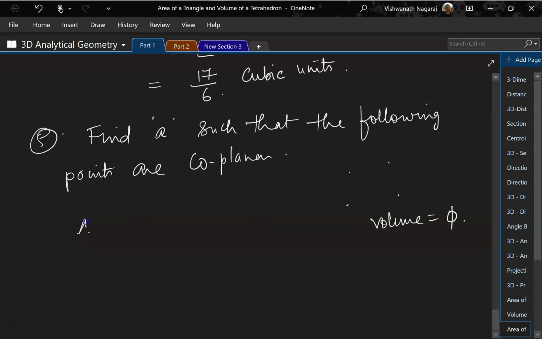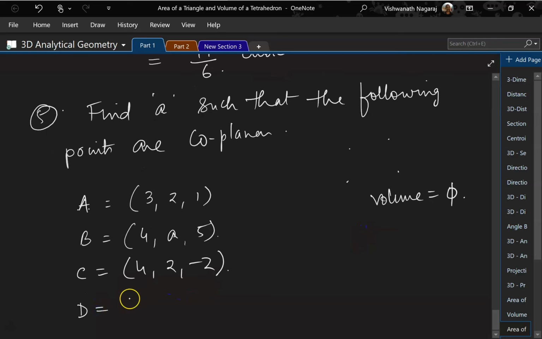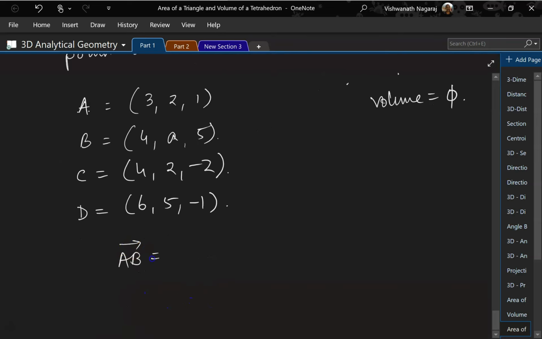First let me write down the points. A is (3, 2, 1), B is (4, a, 5), C is (4, 2, -2), and D is (6, 5, -1). AB is equal to (4 minus 3, a minus 2, 5 minus 1), which is (1, a minus 2, 4).